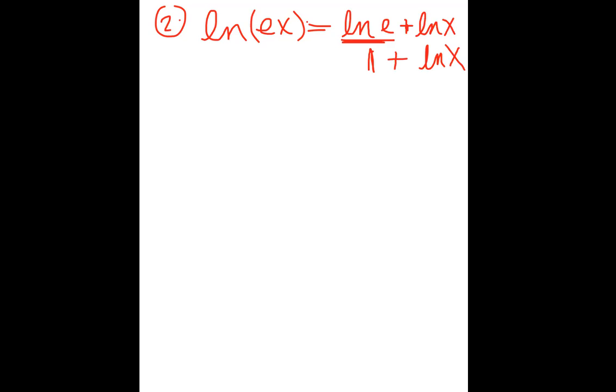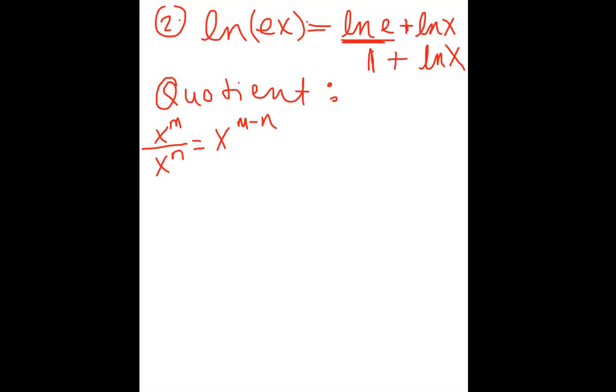Okay, guys. So here's the next property, the quotient property. Now, the quotient property, again, think about it in terms of the exponents. When we talked about the rules of exponents, we talked about dividing with the same base. Pretty much you kept the base and subtracted the powers. So it's essentially the same thing here, guys, when we're dealing with the logs.